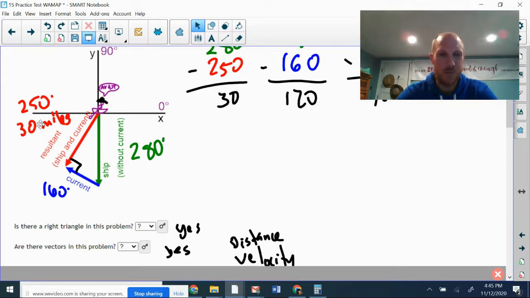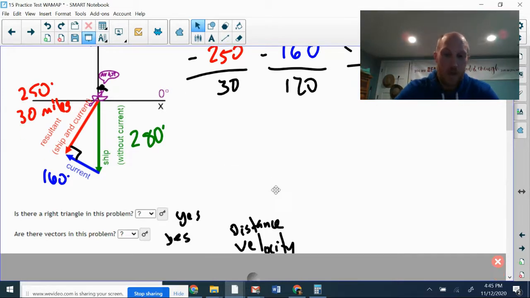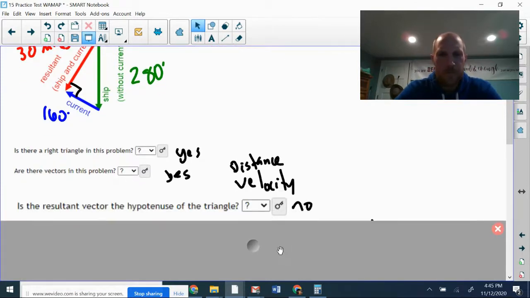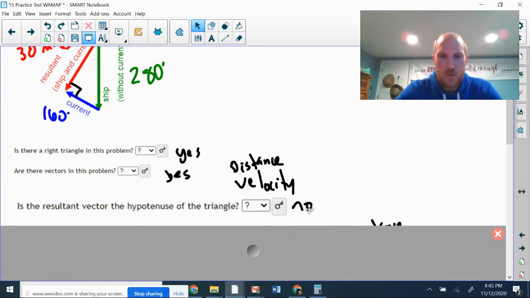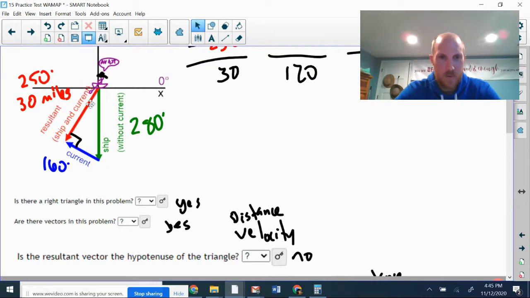At any rate, we're not asked what kind of vectors, just are there? Yes, there are. Is the resultant vector the hypotenuse? The resultant vector is here in red, and that is not the hypotenuse of the triangle. The hypotenuse would need to be opposite of the right angle, which would be the green side.